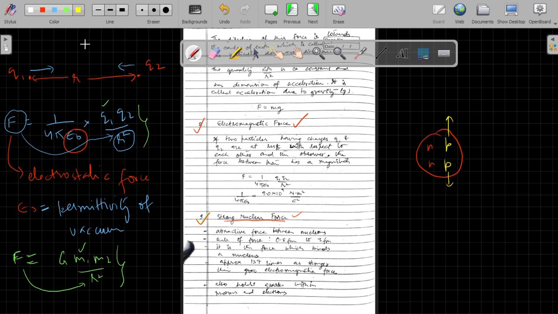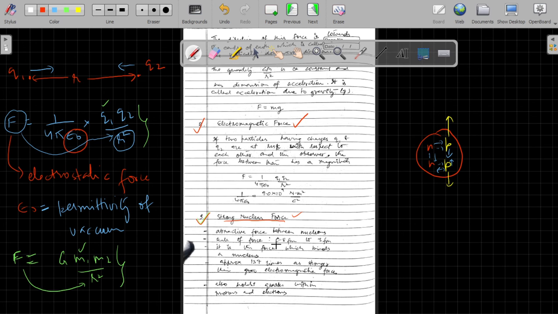We said that the strong nuclear force is the one responsible for keeping them attracted towards each other. So the strong nuclear force is the force which acts between each pair, and each pair is exerting a force on each other.